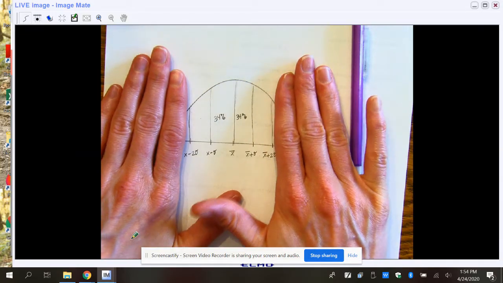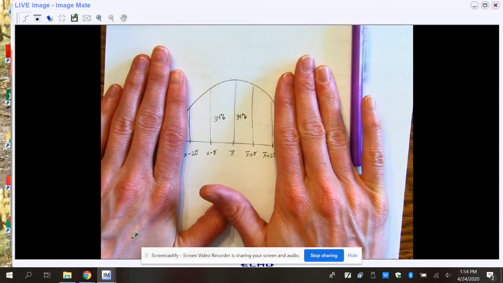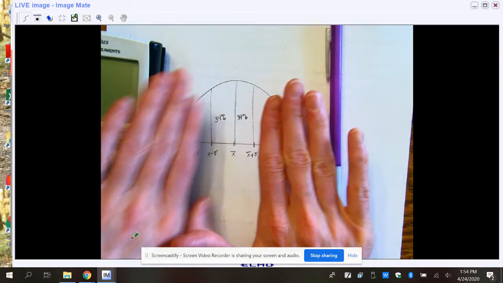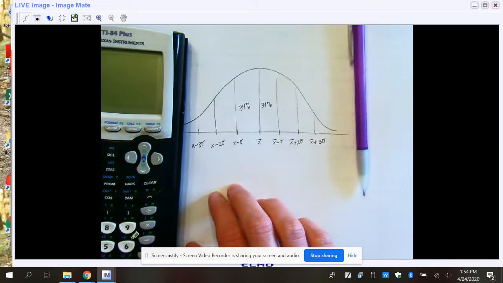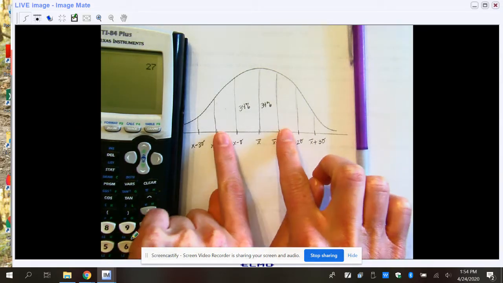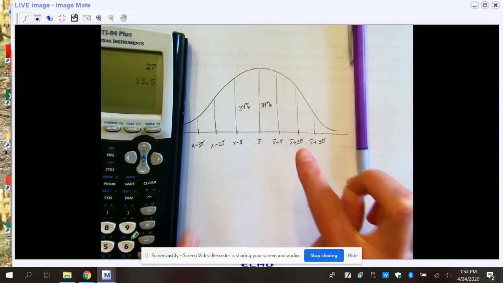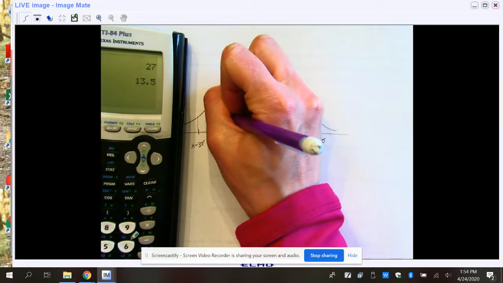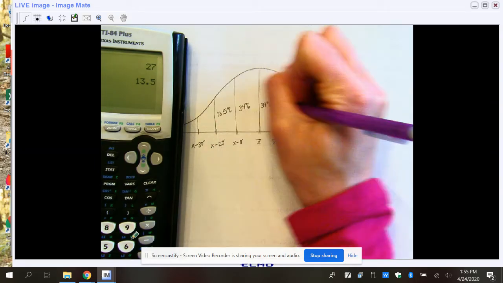And then if we go out, 95% of your data falls within 2 standard deviations of the mean. But we already have 68% of that accounted for. So 95 minus 68 is 27. So if we split that evenly between each one of these chunks, we get 13.5%.